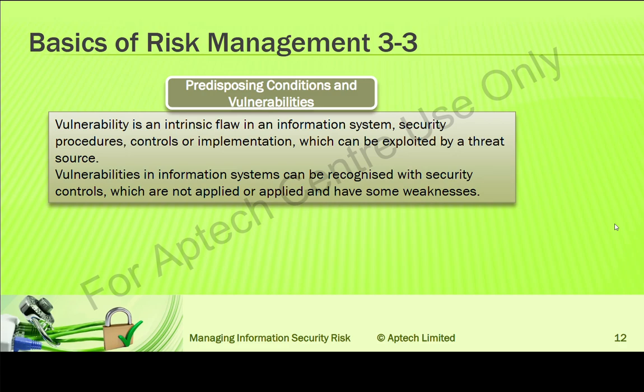And then we also have predisposing condition and vulnerability. Vulnerability is an intrinsic flaw in an information system, security procedure, control, or implementation, which can be exploited by a threat source. Not only systems; human beings are vulnerable also. They have their own vulnerability also. That's why we always recommend security awareness training.